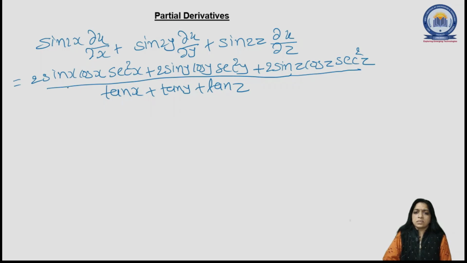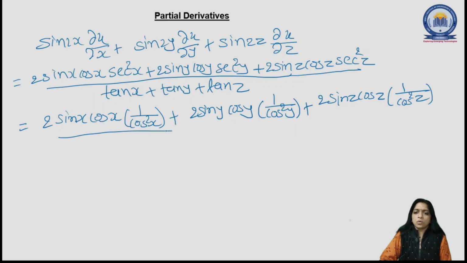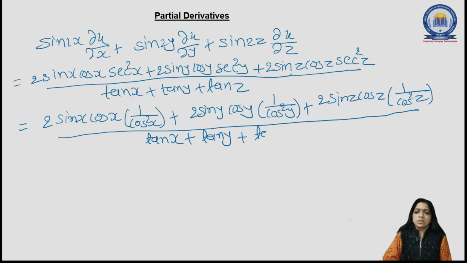As you all know, 2 sin x cos x, and sec square x is 1 upon cos square x. Same, 2 sin y cos y, sec square y is 1 upon cos square y, and 2 sin z cos z, and sec square z is 1 upon cos square z, and the whole divided by tan x plus tan y plus tan z.